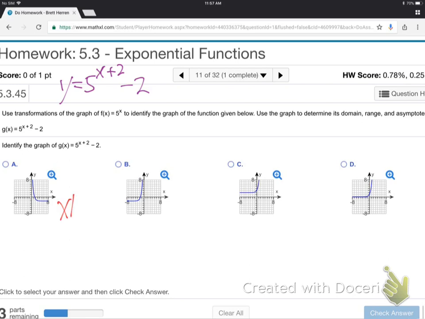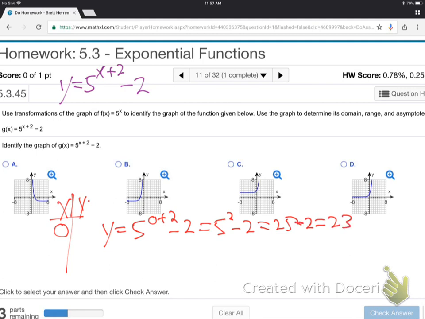So I'm going to make an XY table. Put in 0. So this is 5 to the x plus 2 minus 2. Just get that out of the way. So 5 to the 0 plus 2 minus 2. That'd be 5 to the 2 minus 2. That'd be 25 minus 2, 23. So 0, 23. That's a big one.